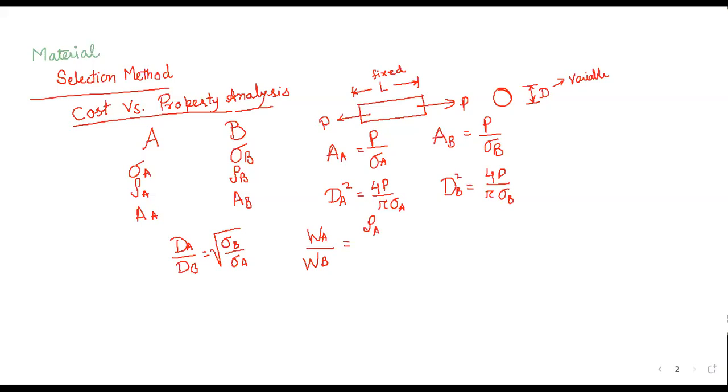So rho A multiplied by pi by 4 dA square into L, divided by rho B into pi by 4 dB square into L. So this will give you dA square over dB square, which is nothing but sigma B over sigma A. So this is the weight ratio.